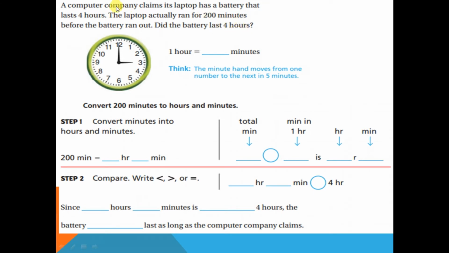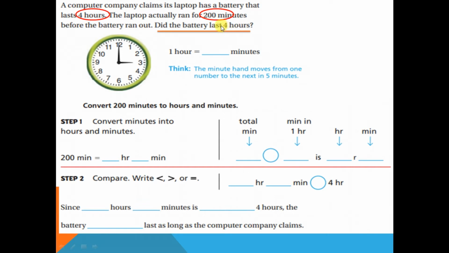So, the most important givens here are 4 hours, which is the company's claim, and 200 minutes, which is the actual time. And what does it want me to do? To find if the battery lasts 4 hours or not.